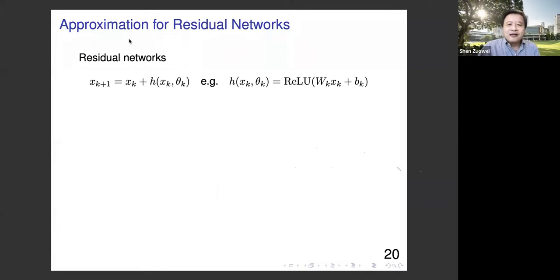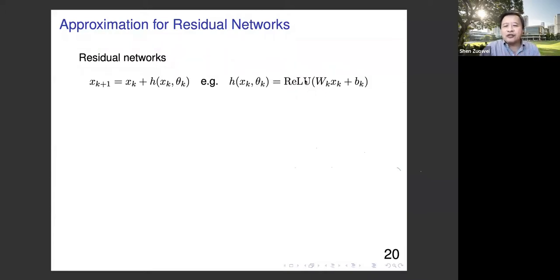This is the residual network. The residual network is one of the most popular networks, especially the fully connected residual network. A fully connected residual network is basically your iteration: x_{k+1} equals x_k plus h of something, where h is your activation function, for example ReLU.